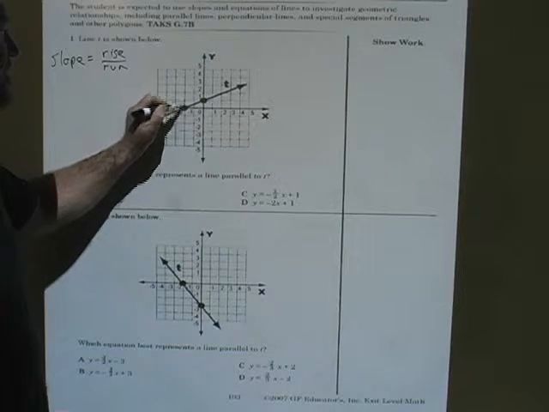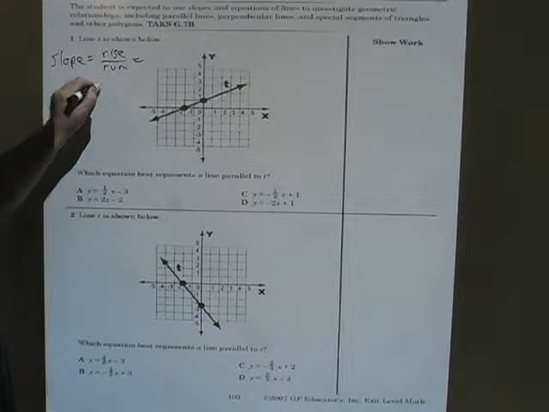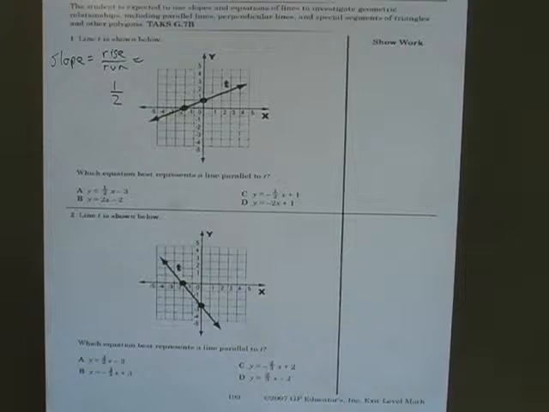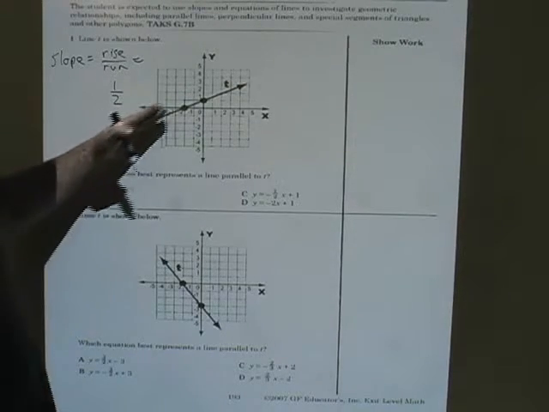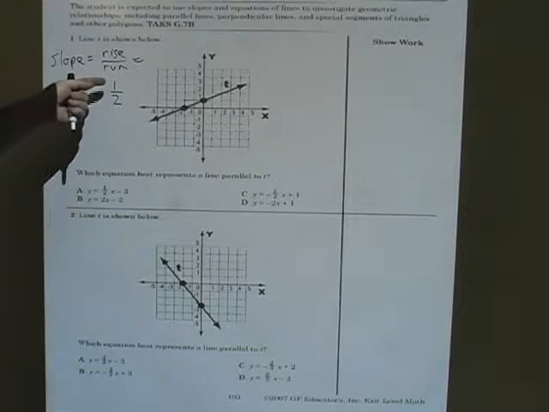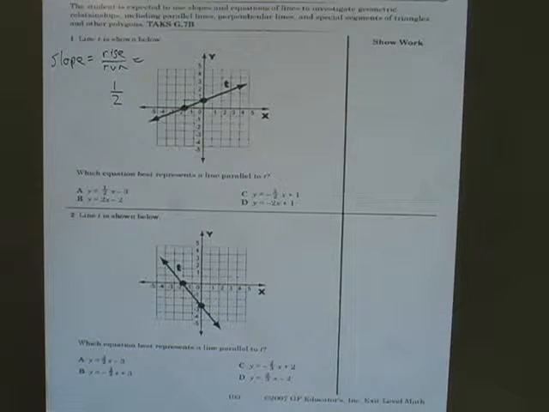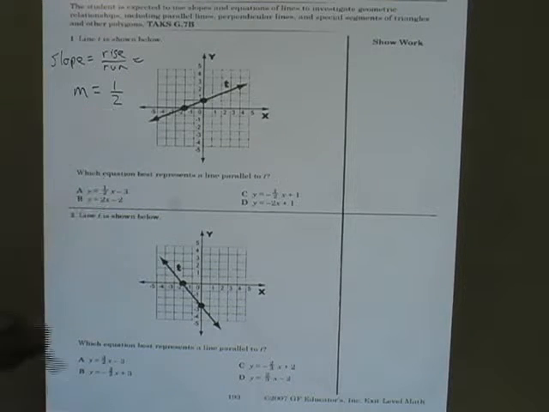It goes up 1 over 2. So the slope is 1/2 for this line. It's a positive 1/2 because it's going up. And it's going up 1 as it goes over 2. So the slope, we call the slope M. M equals 1/2 for line T.